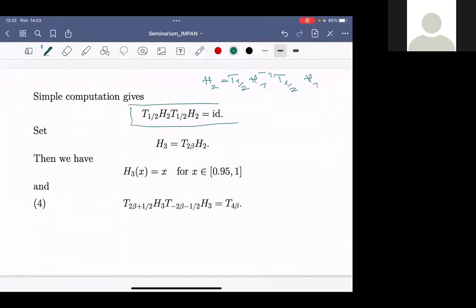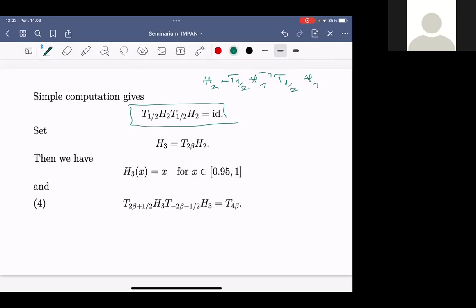This is a very nice identity, which follows directly from the formula for H2. Because if we plug this H2 into this identity, we obtain that it holds.